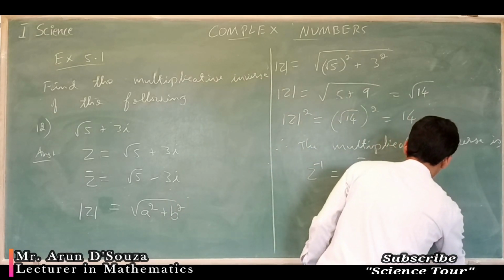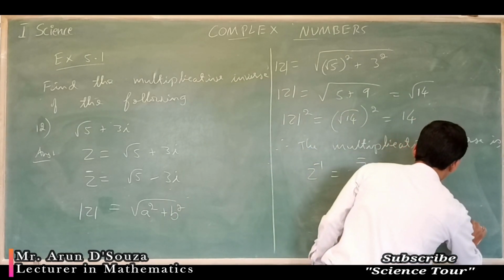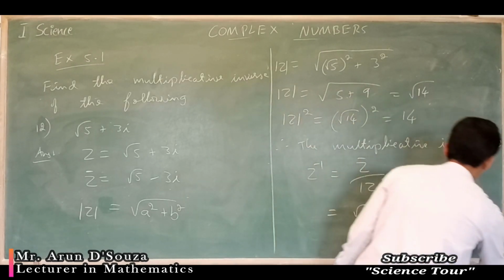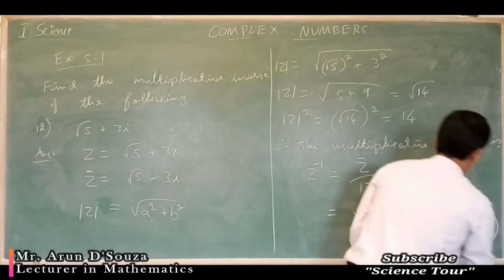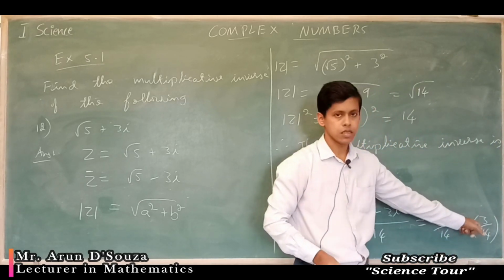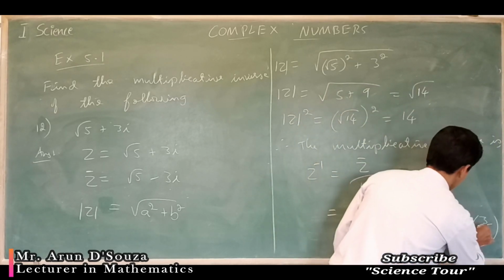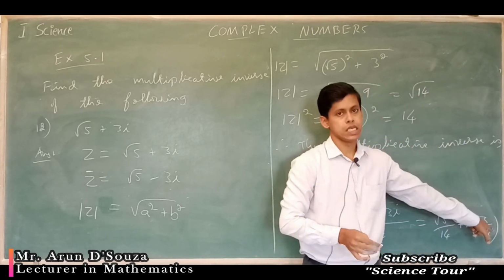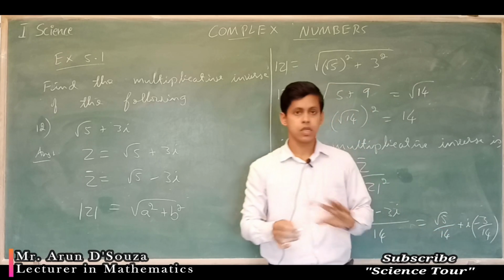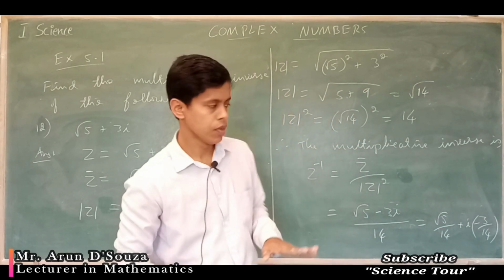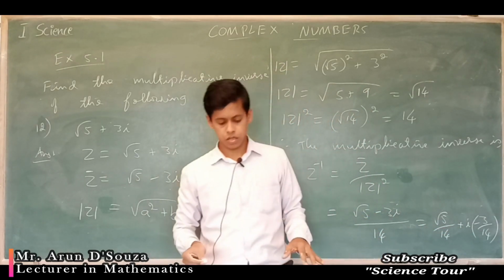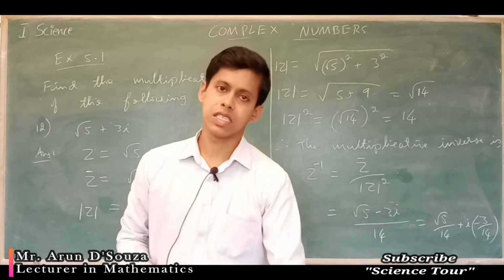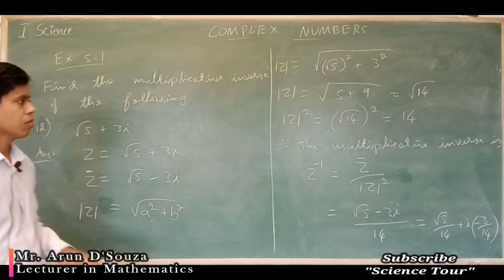So this is root 5 by 14 minus i into 3 by 14. You can write this minus here. If you want to be precise, a plus ib, you can write minus here, and no marks will be deducted. No problem. But if you want the perfect answer, then write in this format, a plus ib form. So that is about multiplicative inverse.